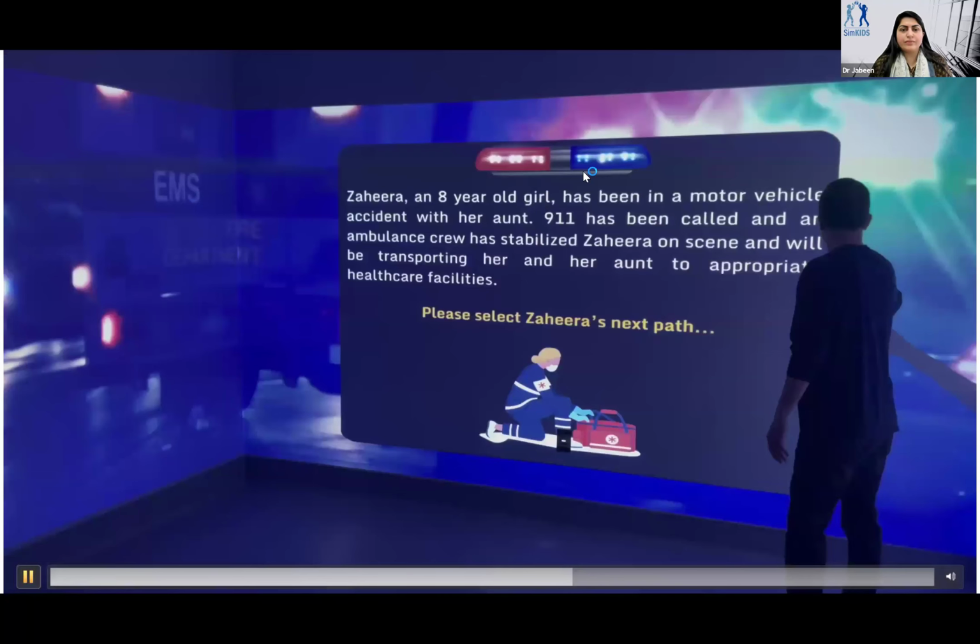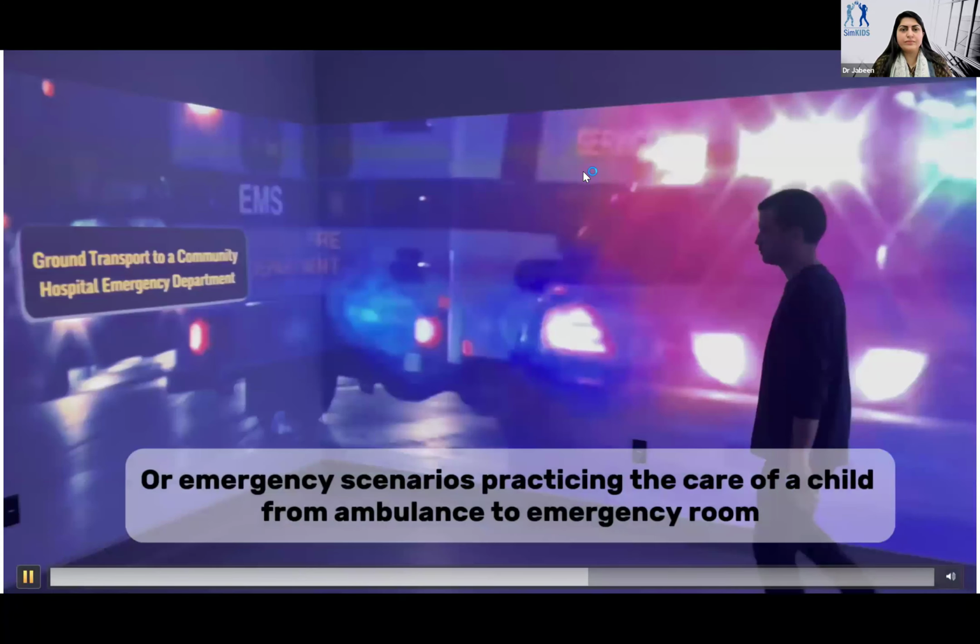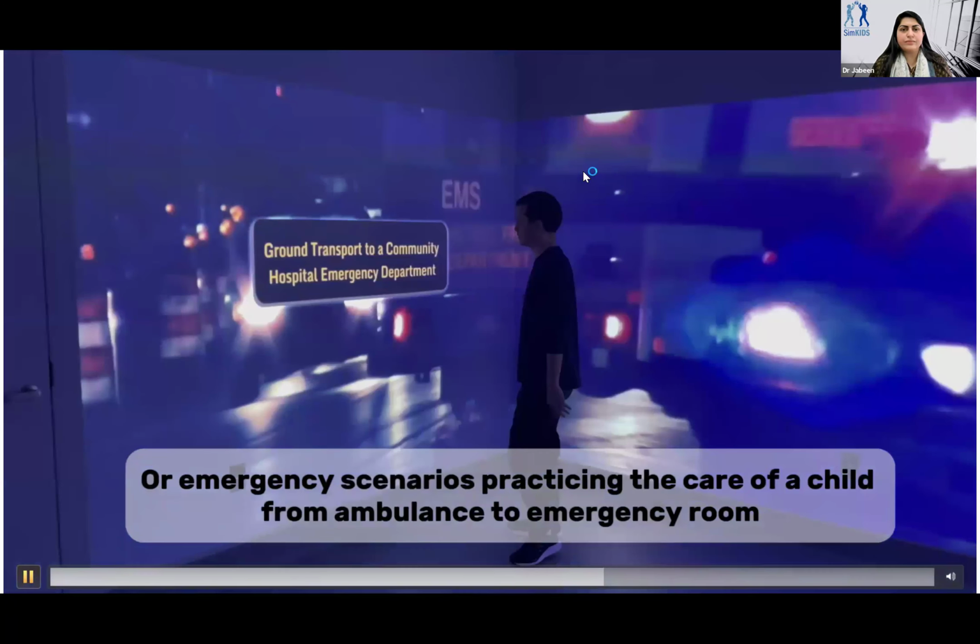Or emergency scenarios practicing the care of a child, from ambulance to emergency room.